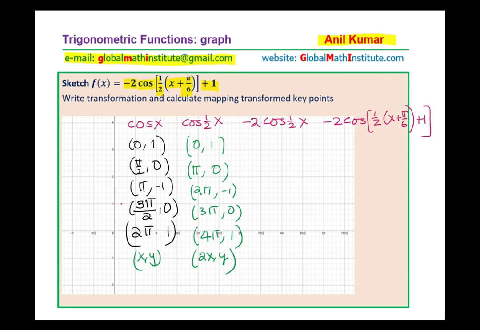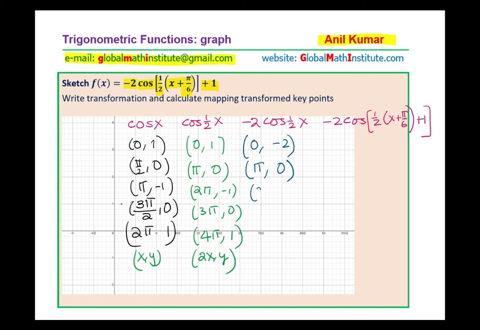Now as soon as you do minus 2 times cos half x, the a value now gets multiplied by minus 2, right? So let's use a different ink. So we are comparing with the cos half x. The x values will now be same. The y values are changing. Multiply them by minus 2. So it will be 0, minus 2. Here the x value remains same. Y value, because it is 0, 0 times anything is 0.